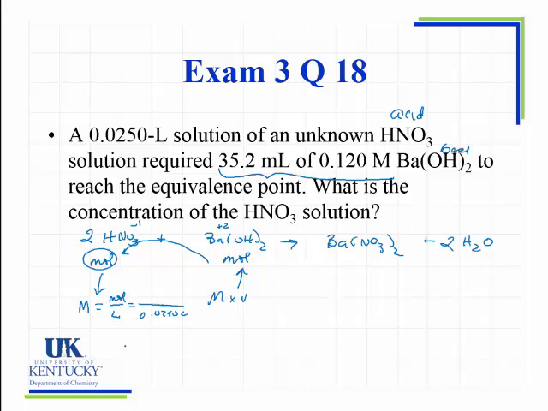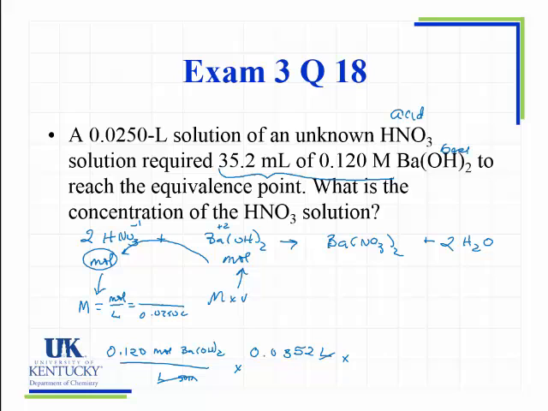So I've got to go and do all this work to get to moles. So let's do that work. Molarity is 0.120, and I write it specifically. It's moles of barium hydroxide per liter of solution. And then I multiply by how many liters of this solution I have. It's 0.0352 liters. That's going to give me the moles of barium hydroxide because the liters are canceling.